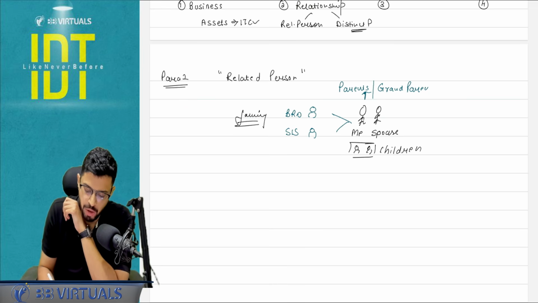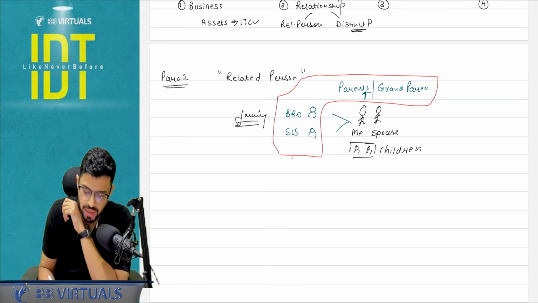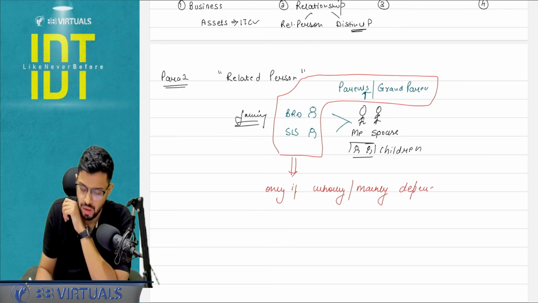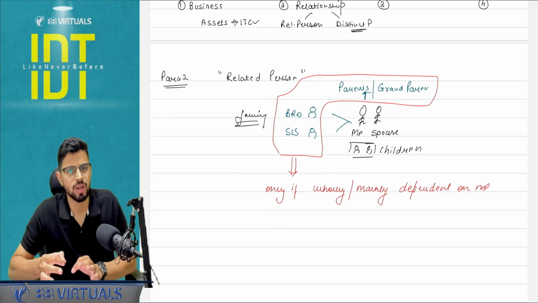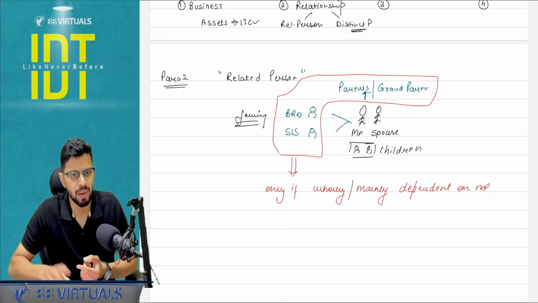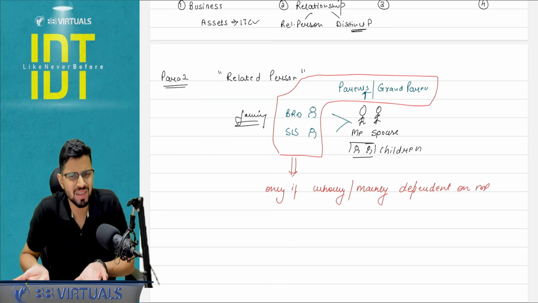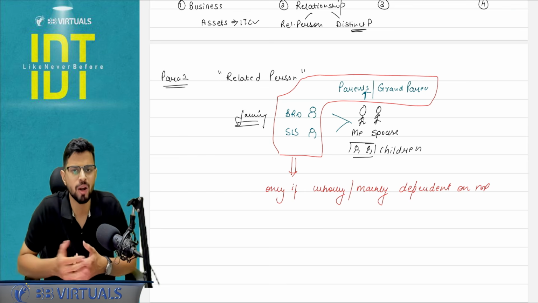They will be a part of my family only if wholly or mainly dependent on me. Now, what is the meaning of dependent? Wholly and solely. Their expenses I am bearing, I am taking care of all their things. Again, not defined, but it's a general understanding that they are entirely dependent on me.